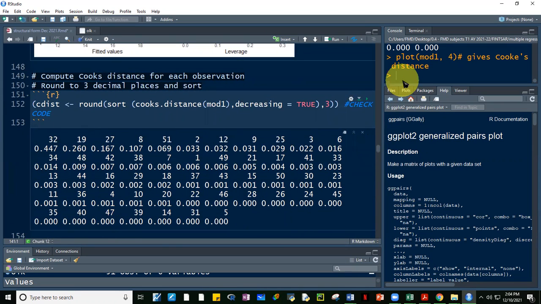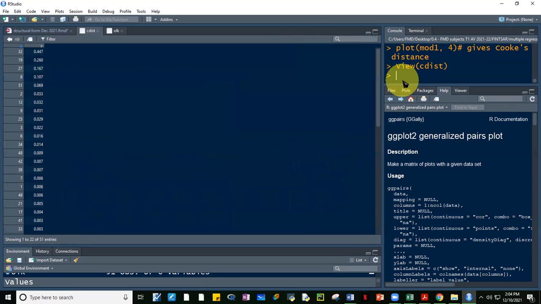Okay, so let's see kung makikita natin kung i-view natin yan. View, see this, Cook's distance. Okay, ito, see? 32, 19, 27. So ito yung mga Cook's distance. And there's a parameter para sabihin kung possible siya na influential points based on the Cook's distance measure.